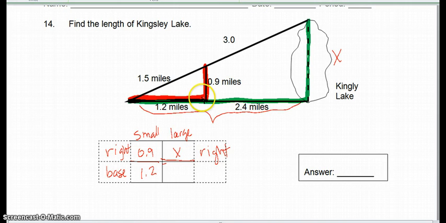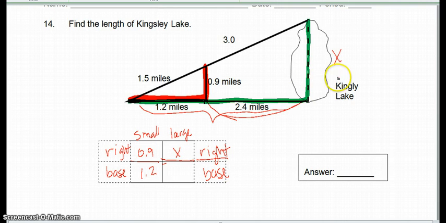It's 1.2 from here to here, and 2.4 from here to here. Okay, so if you think about it, you would need to combine those, add those together to find the base of the large triangle. Okay, so that's a big hint right there.